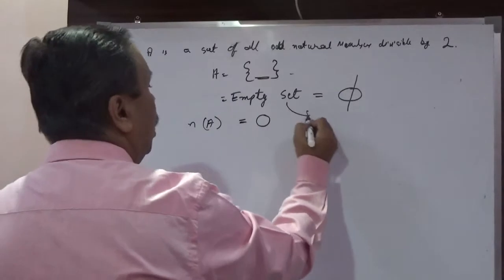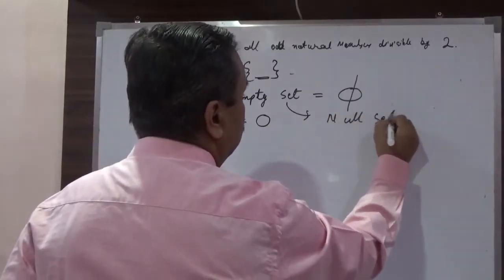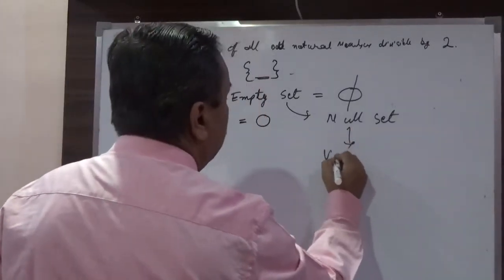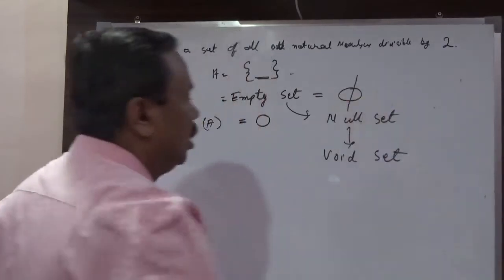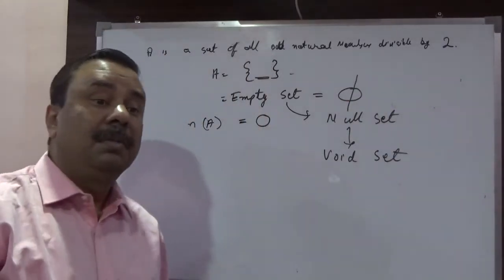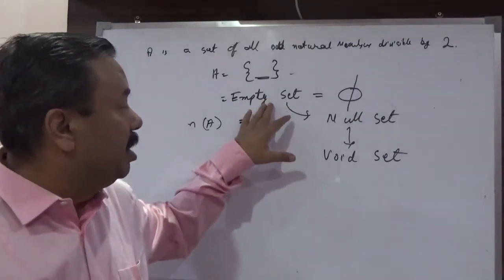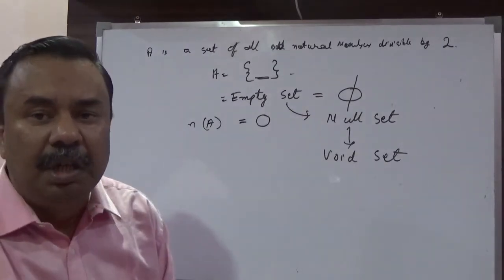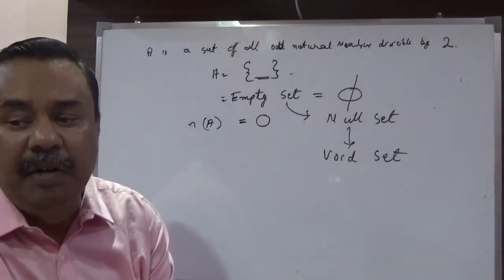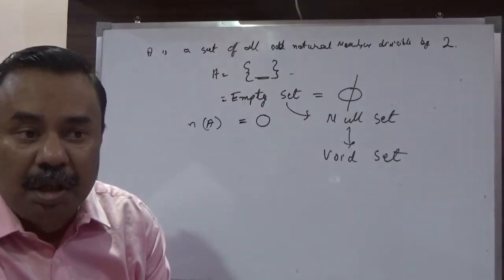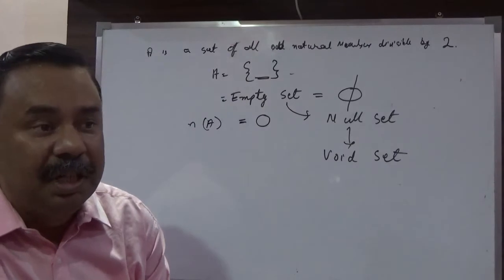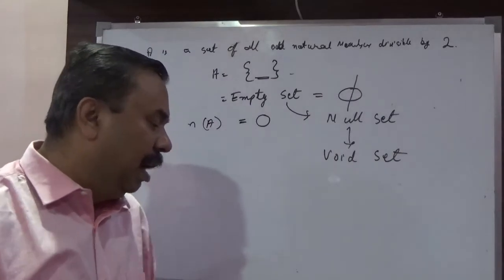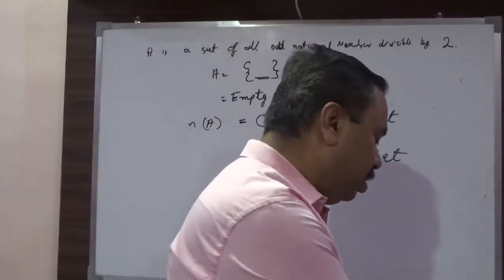It is also called a null set, or empty set, or in some books it is also written as a void set. So it has 3 names: empty set, null set or void set. It is a set which does not have any member, or the number of elements in that set is equal to 0. So that is called the empty set.